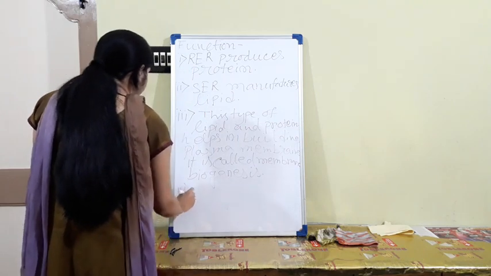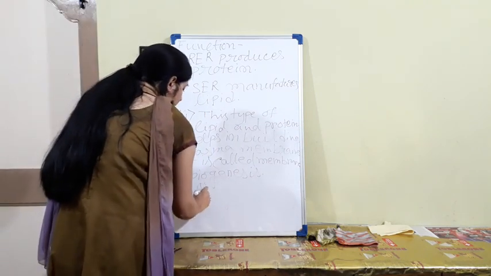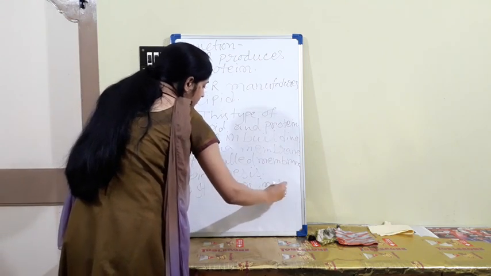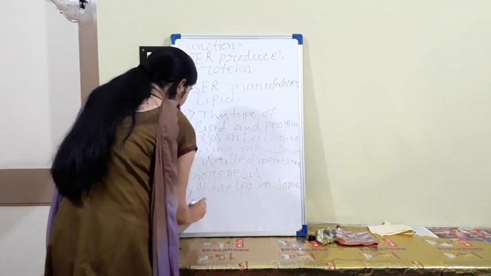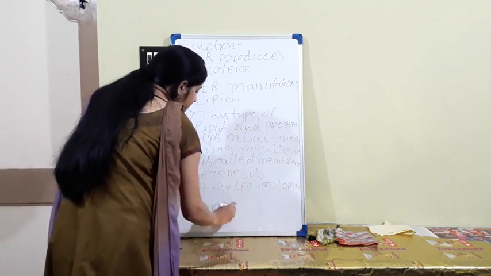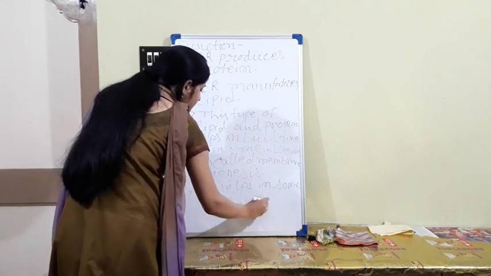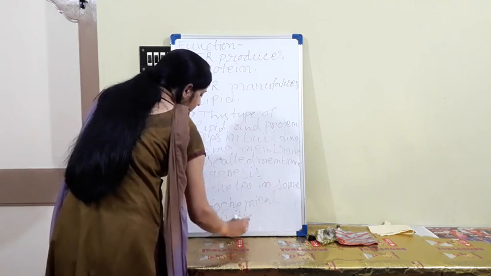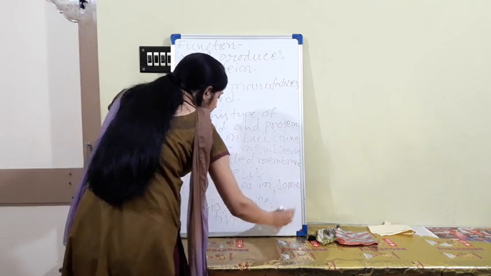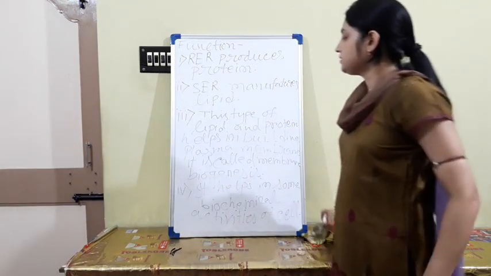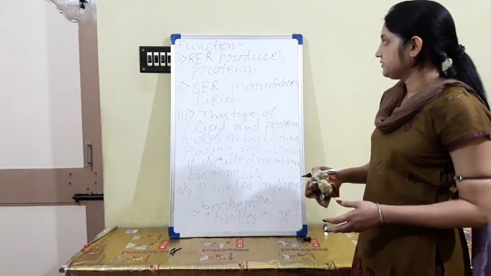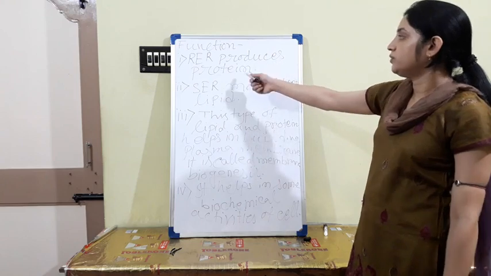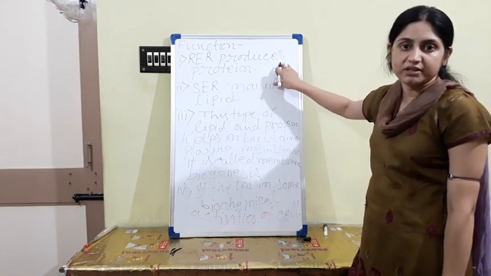Next, it helps in some biochemical activities of the cell. So these are the functions of the RER and SER. RER produces protein, it is the protein manufacturing site.